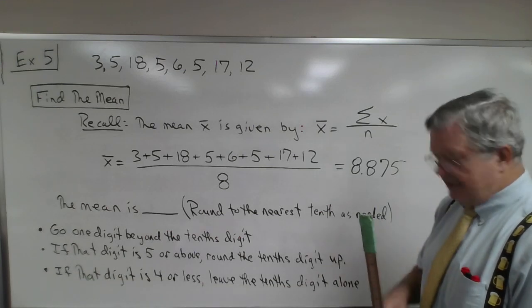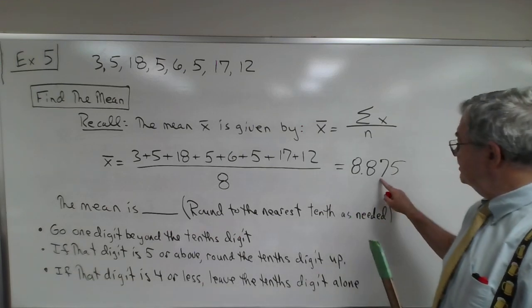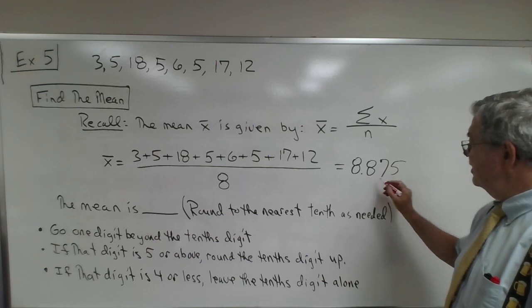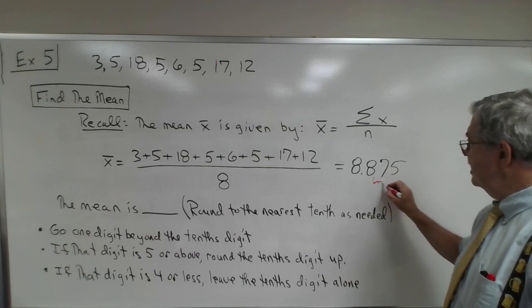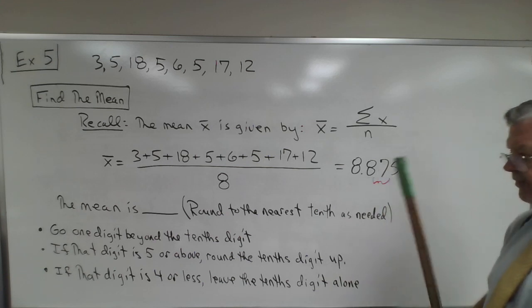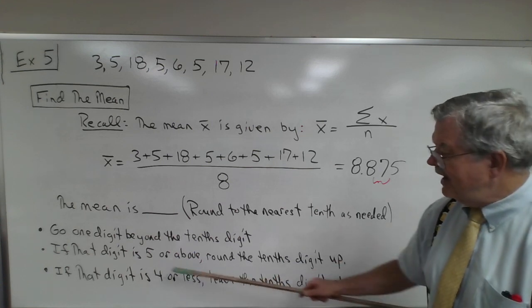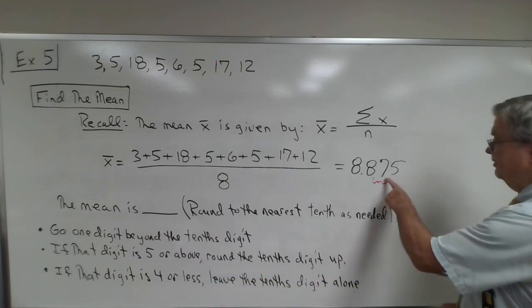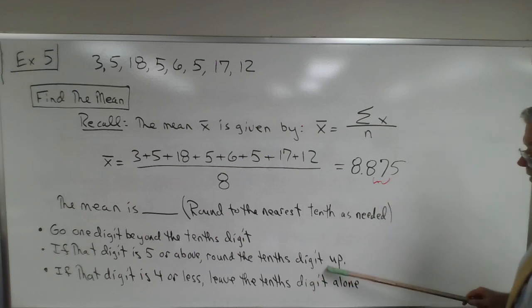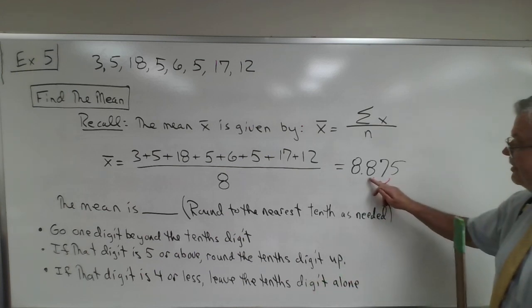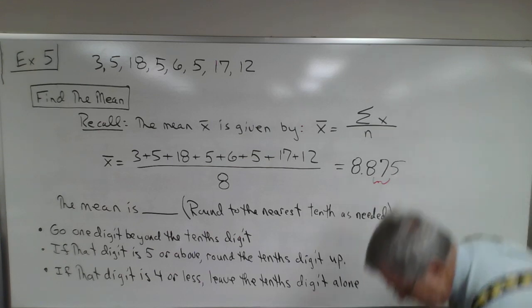Go one digit beyond the tenth digit. Here's the tenth digit. Go one digit beyond the tenth digit. If that digit is 5 or above, which it is, round the tenth digit up. So we'll round this digit, the tenth digit, up.